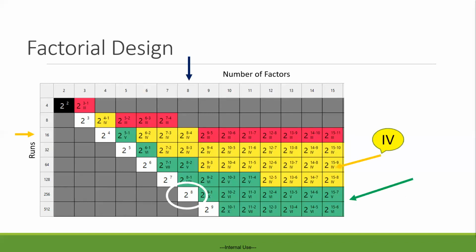For a screening experiment, we can reduce the experiment to either 2 to the 8 minus 4 or 2 to the 8 minus 3. And we choose 2 to the 8 minus 4, which is 16 experiments. In this case, the yellow area is where we need to pick.